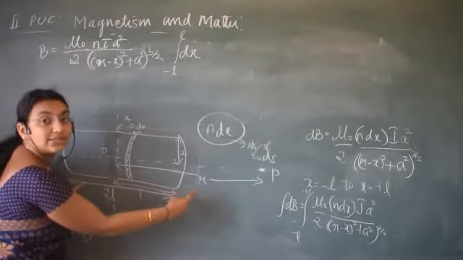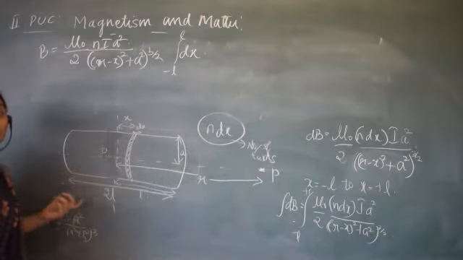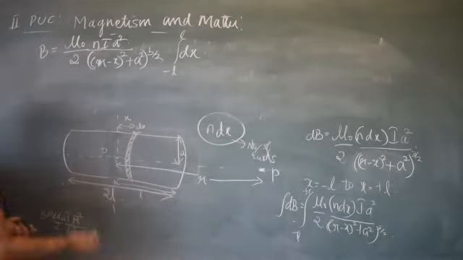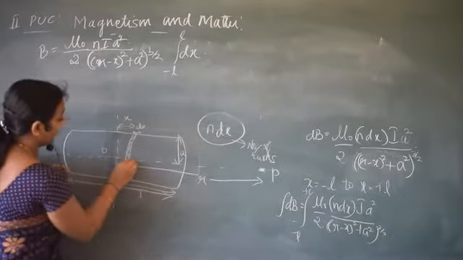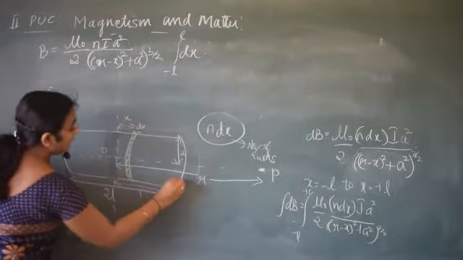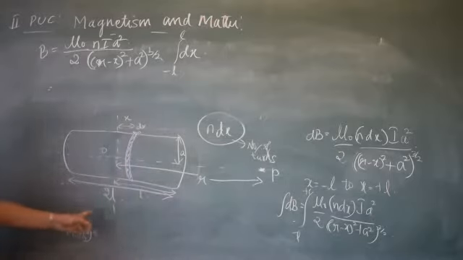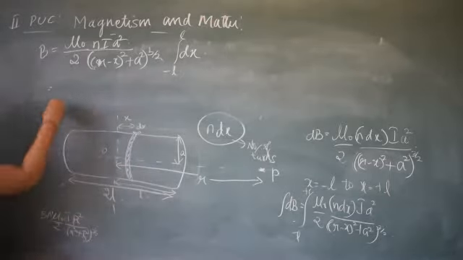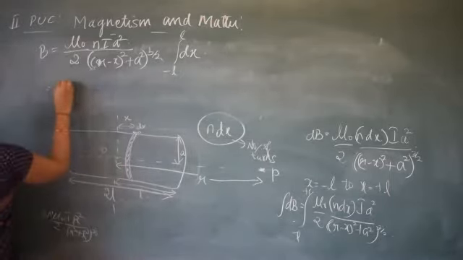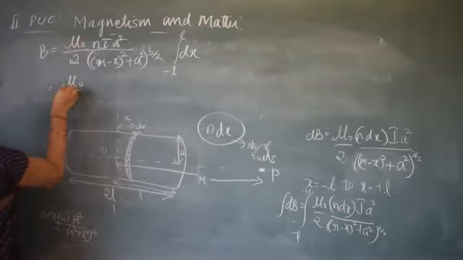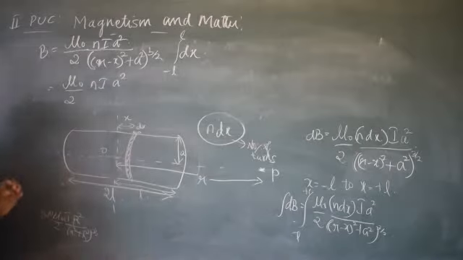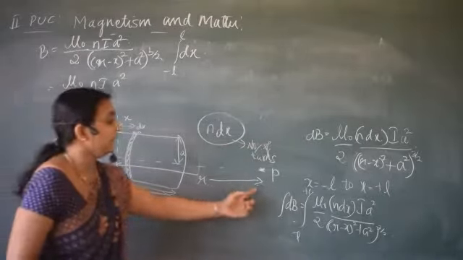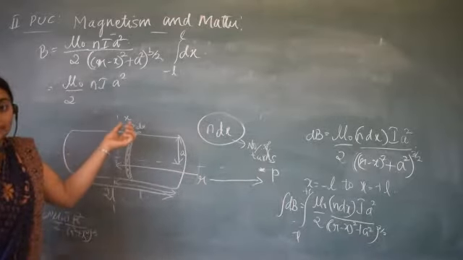What is the total thickness? For the entire solenoid, the total length is 2L. So I can write mu naught by 2 n I a square. See here, what I want to say is this r is very very big compared to x.